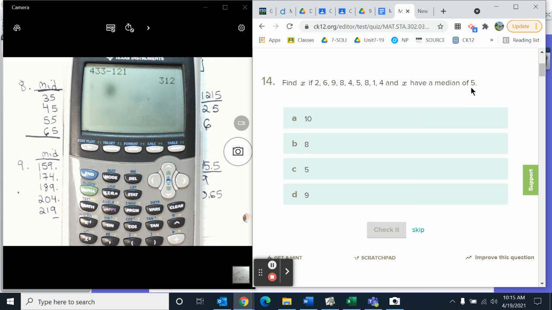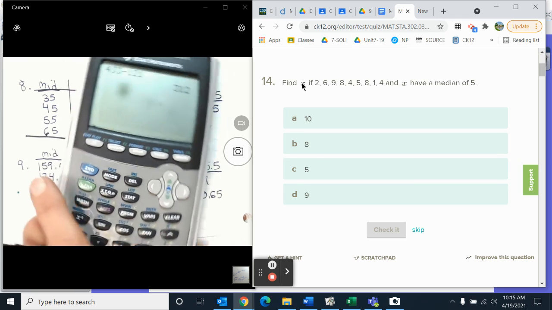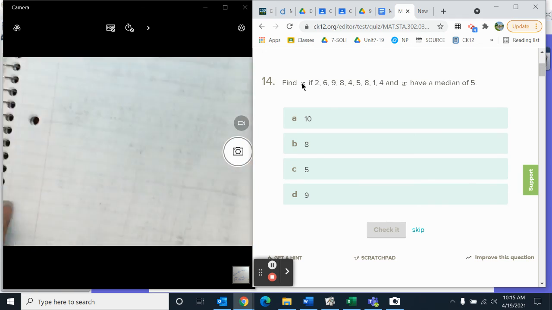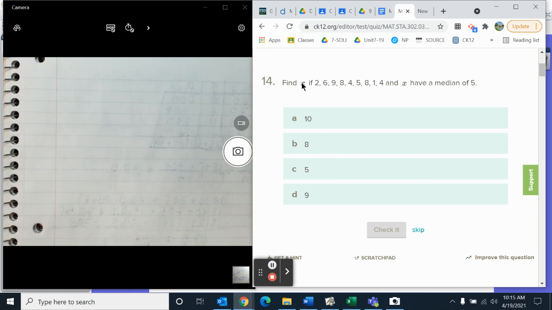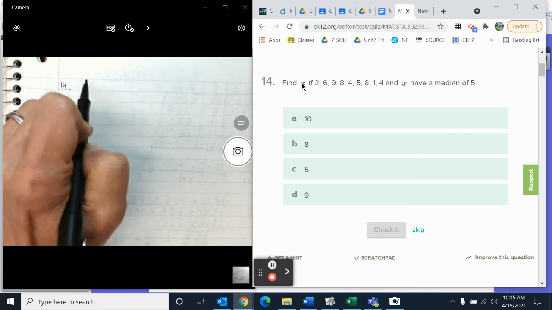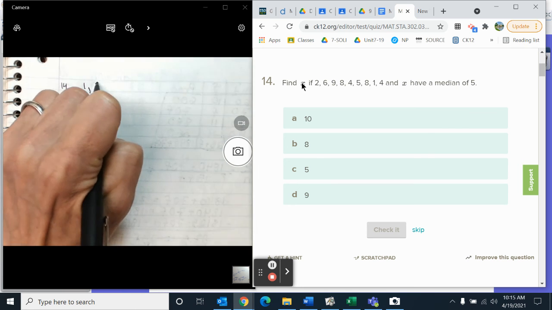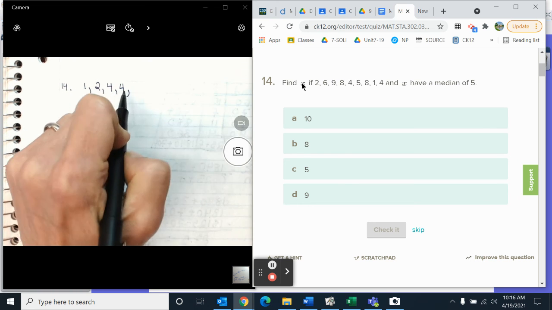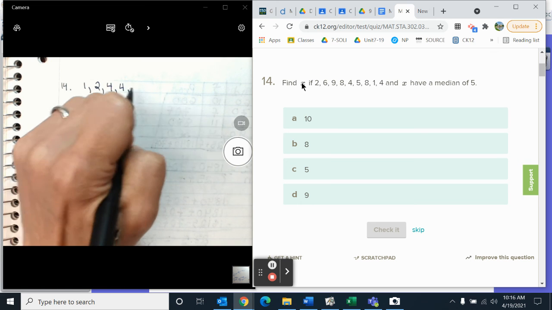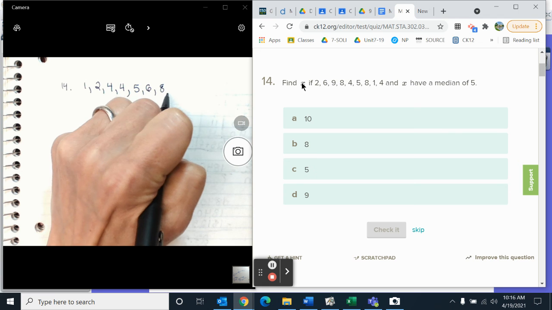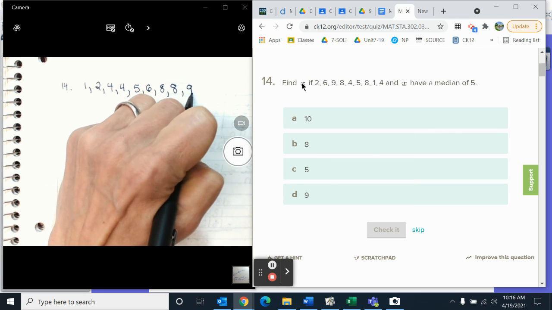If the median is 5, what is the value of x? So in 14, we should put our numbers in order. Here's 14, and I'm going to start from the least to the greatest. So 1, 2, 4, 4, 5, 6, 8, 8, and 9.